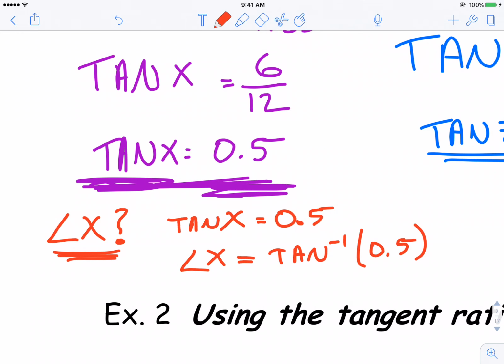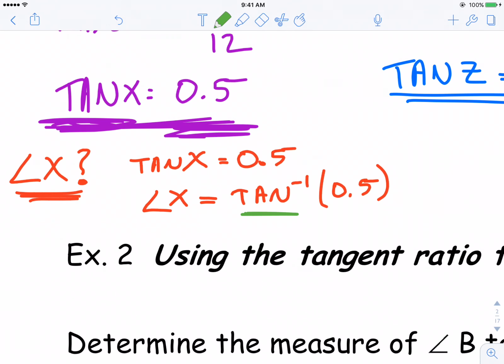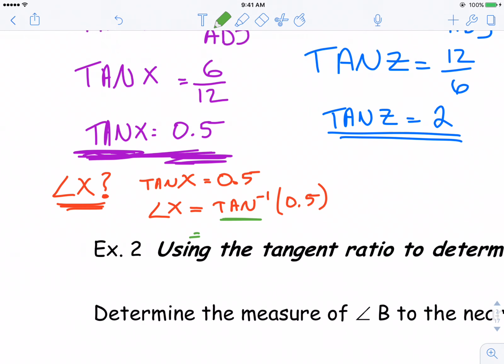Different calculators have different steps, but you somehow have to get your calculator to say tangent minus 1 of 0.5. I don't have my calculator here with me, so I can't calculate it yet. You punch that into your calculator and you will get a value for x.